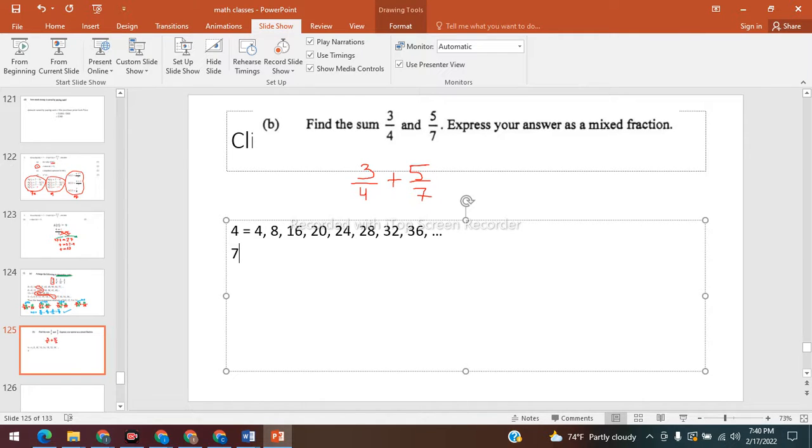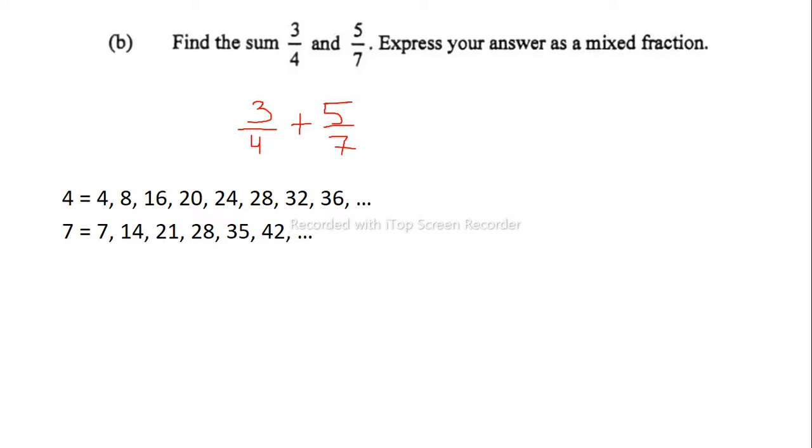For 7, the multiples are 7, 14, 21, 28, 35, 42, and continuing. And so the lowest common multiple of these two is going to be 28.